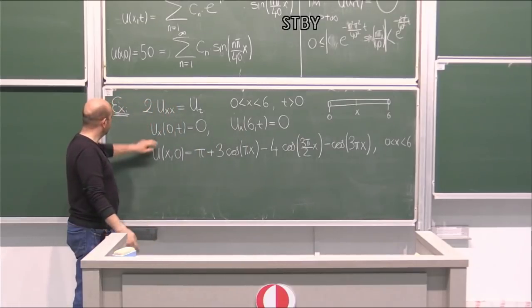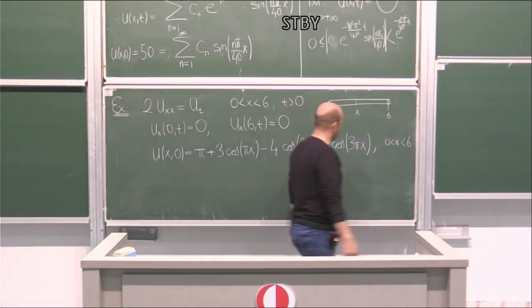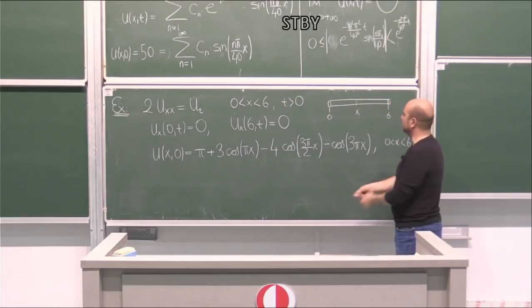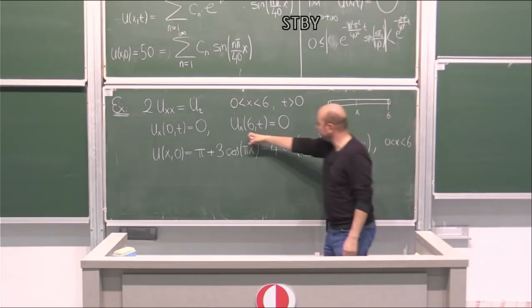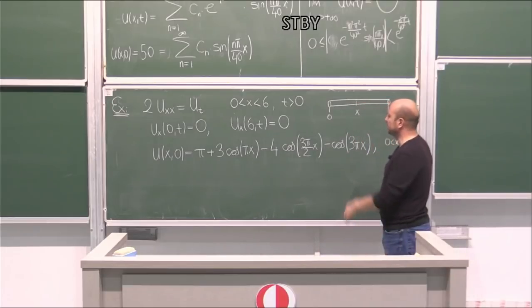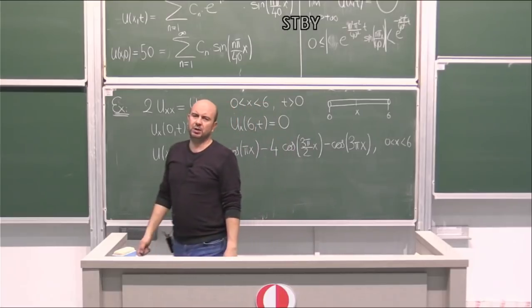So it says the derivatives at the ends are 0. So basically the change at the ends is 0. The temperature at the end is not changing. So at these ends, temperature is not changing with respect to x. That's what we're given.